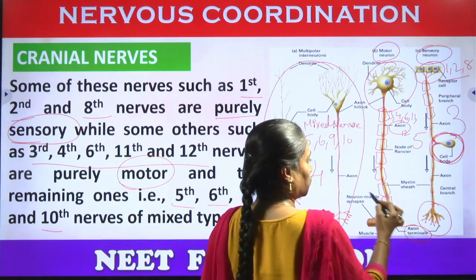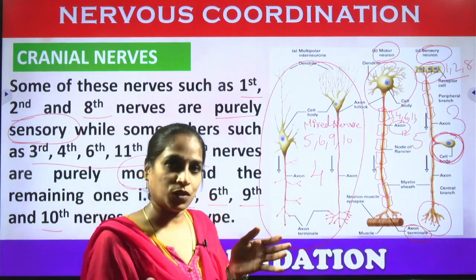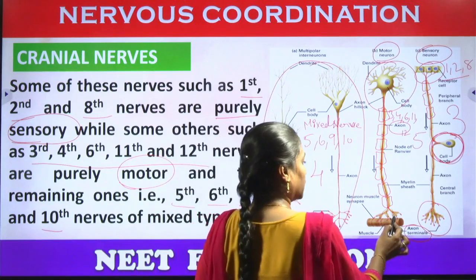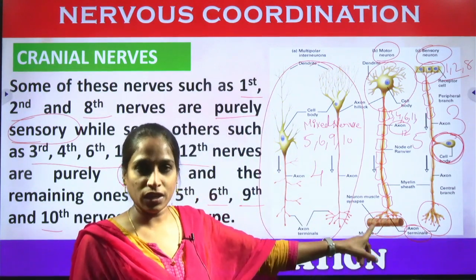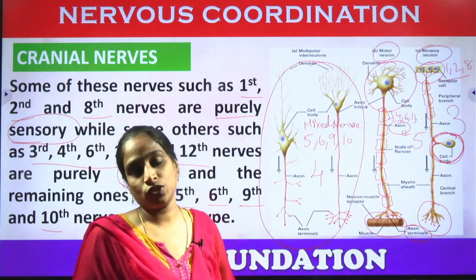This is responsible for continuous transfer of impulses from the cell body to the axon terminal. Exactly at the tip we can observe the muscle. These synaptic knobs are attached to the muscles.